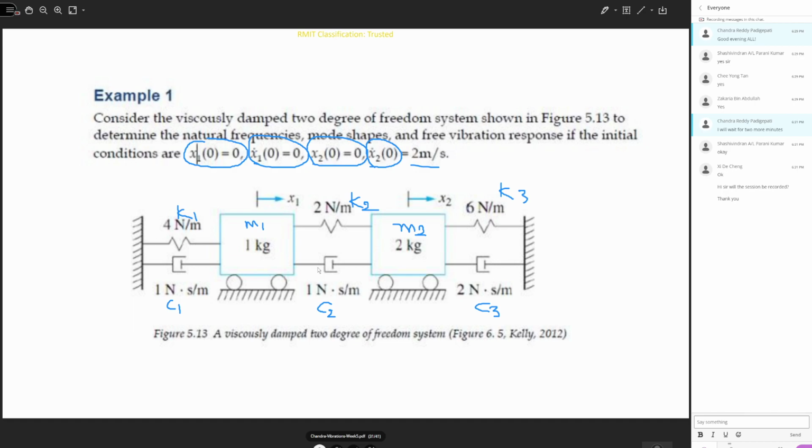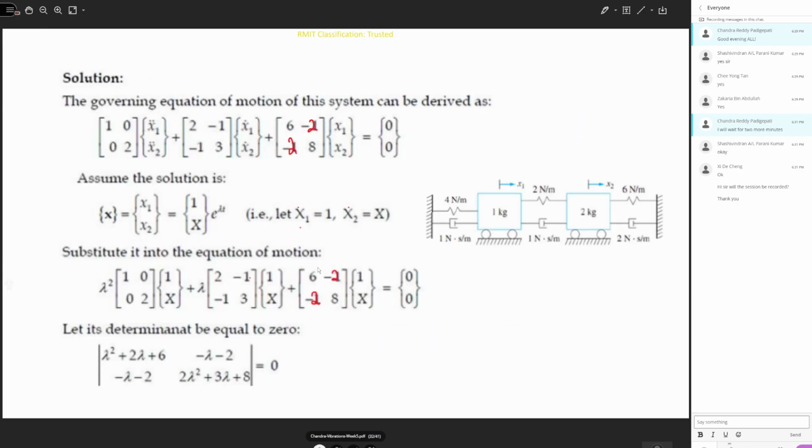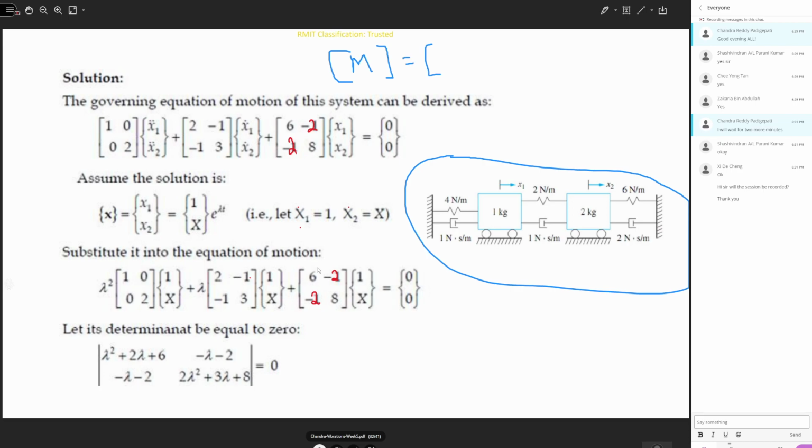To get the natural frequencies, mode shapes and free vibration response, the first thing we need is to write the equation of motion in matrix format. For the system, I just copied the diagram here. First we write the mass matrix. The mass matrix is M1, 0, 0, M2.